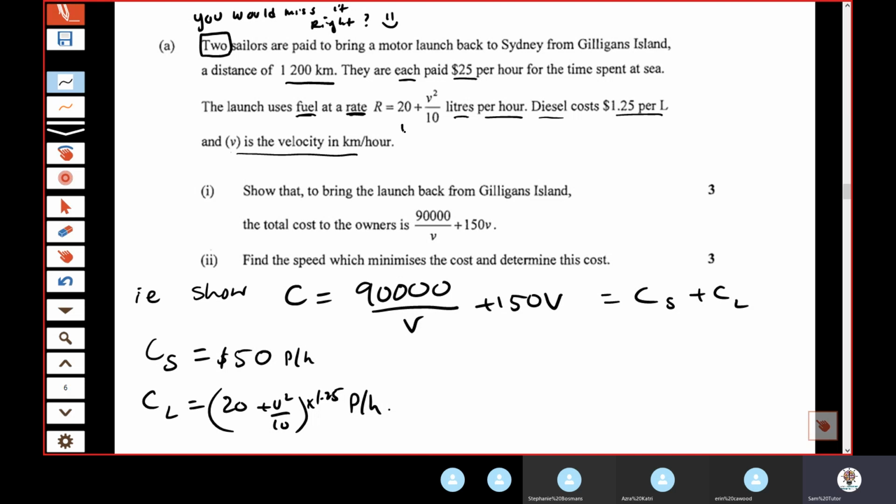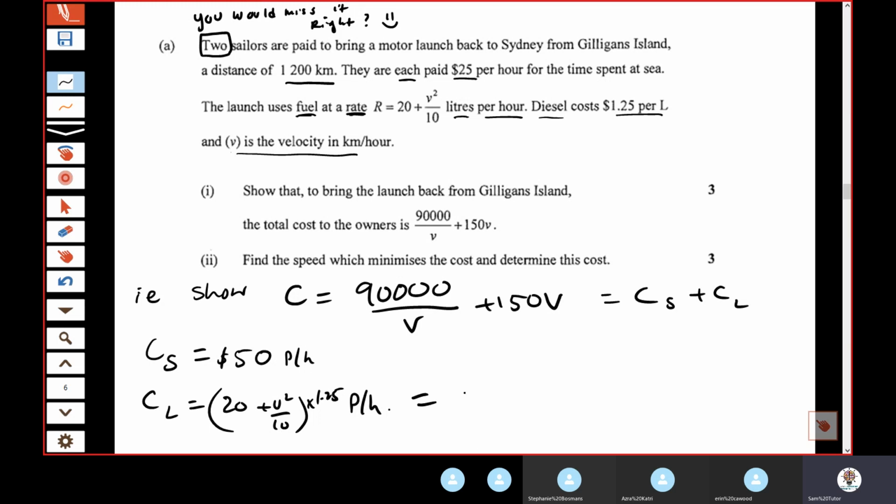Because this is how many liters they're using. This is how much it costs per liter. Yes? What do you reckon? You agree? 100%? Okay. Tricky, like I told you.